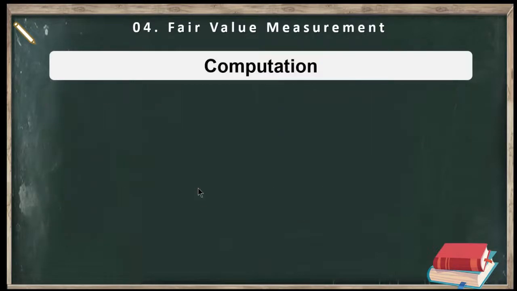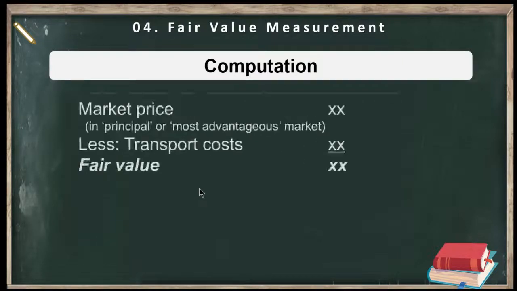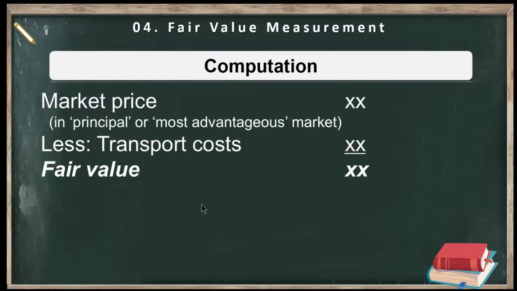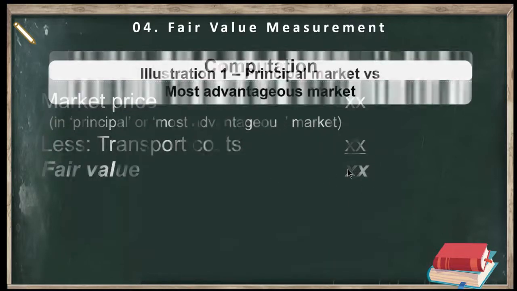So kana ara ang maapil sa consideration. Okay, so the formula to get the fair value, if we have the market price from the principal or the most advantageous market, would be market price minus the transport costs. And that would be our fair value.